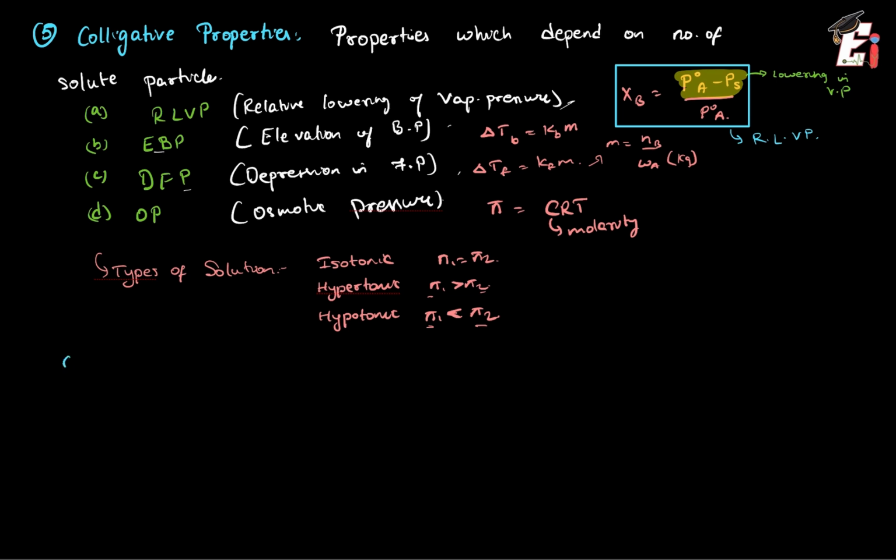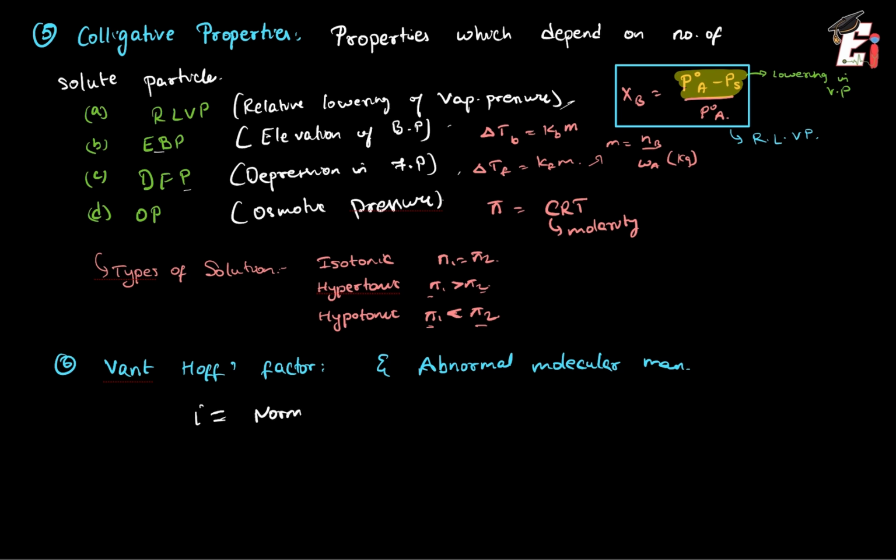Now what is Van 't Hoff factor? The next concept is Van 't Hoff factor and abnormal molecular mass. If you look at the formula, i is the Van 't Hoff factor.